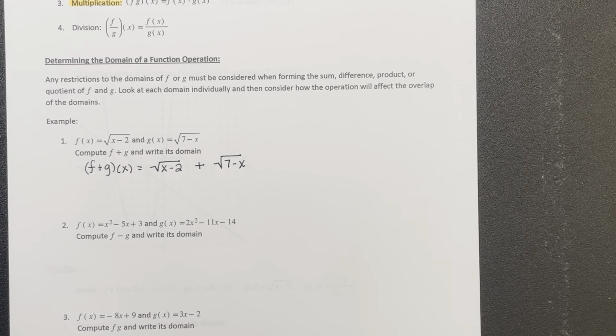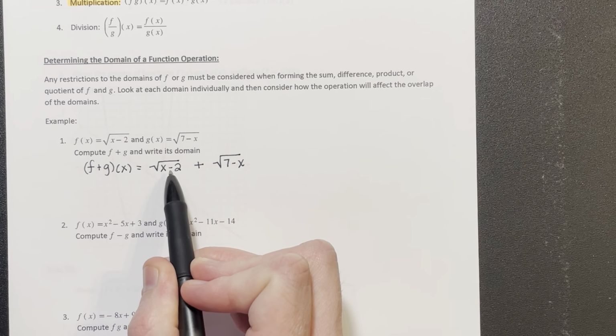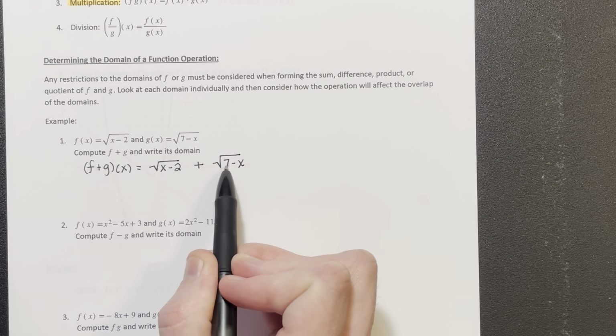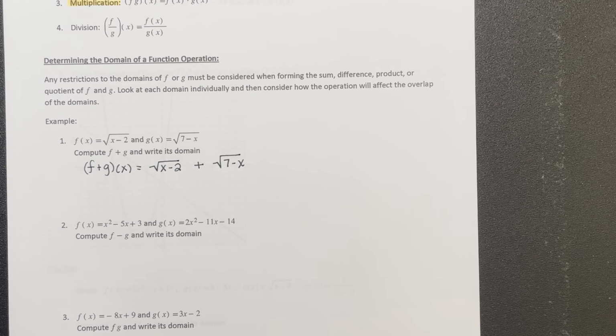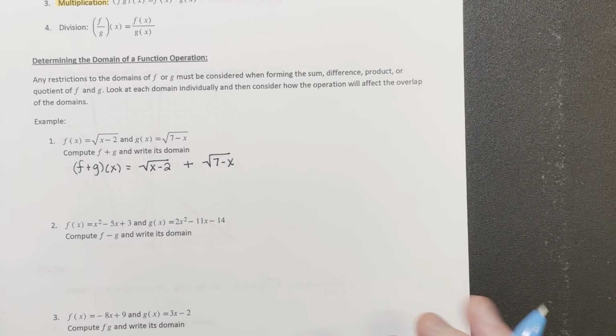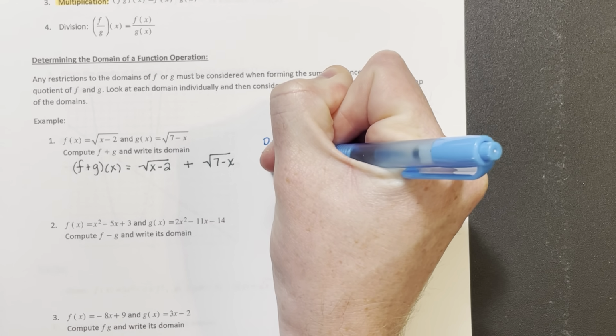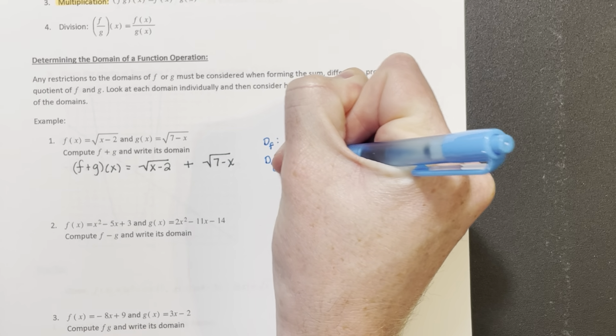Now with square roots, we can't add the square roots together or simplify them further unless the inside is the same. So I wouldn't be able to condense that down any further. But we can look at the domain of this function. I need to consider the domain of f separately and the domain of g separately.